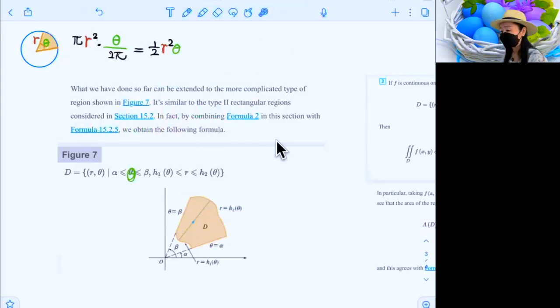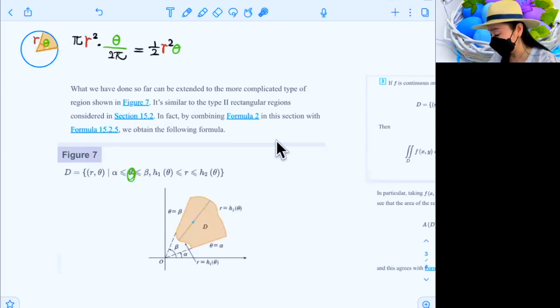Now, another way to remember this is that it can be divided into small segments, and each segment is about like a triangle. When you add up all those segments, think about this like a triangle.